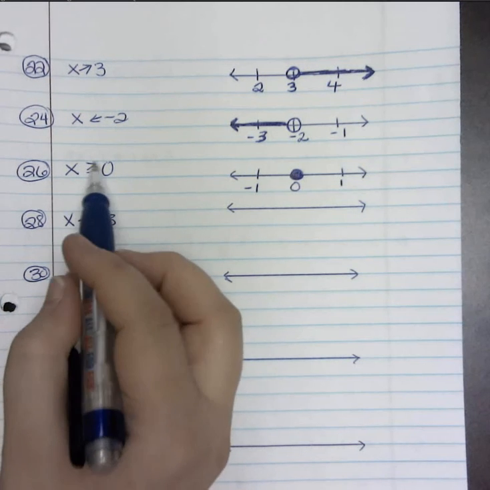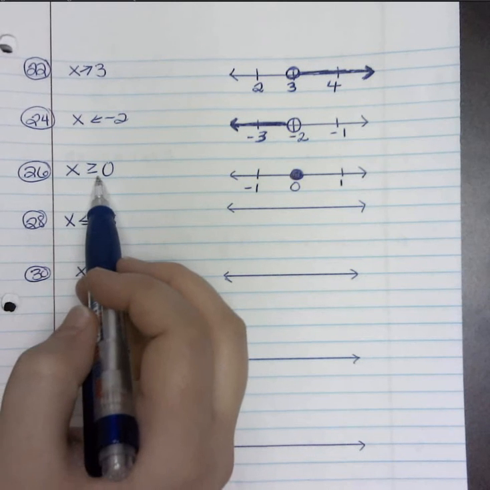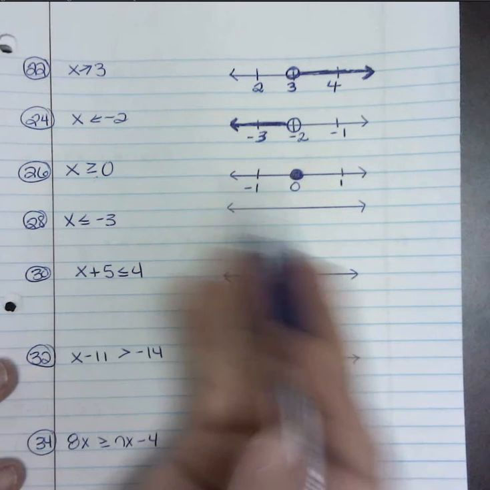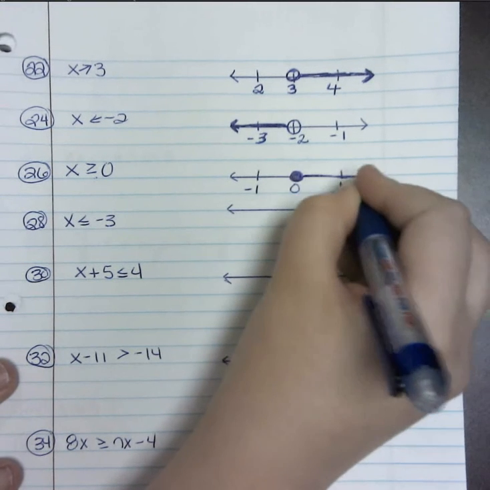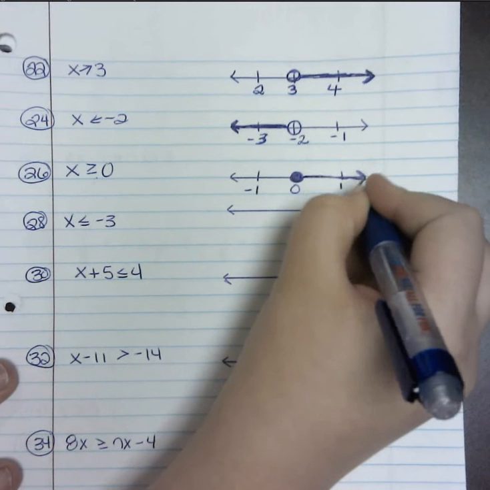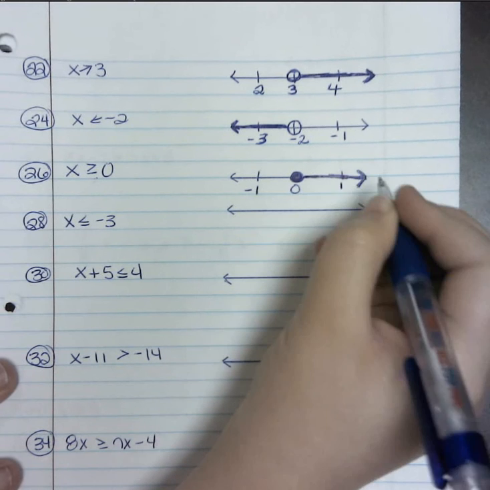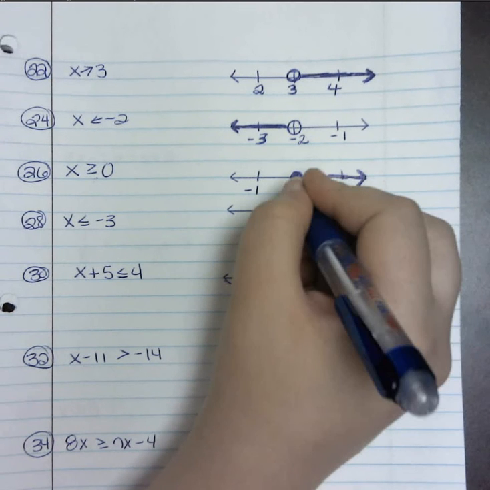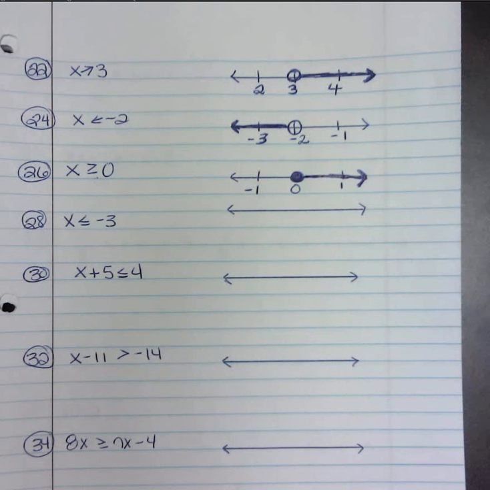Up here on these other two, they didn't have that. So this is a closed circle, and you are going to shade to the right because it says x is greater than or equal to 0. So that means that any of these shaded numbers to the right of 0, including 0 this time, will give us a true statement for number 26. Okay?